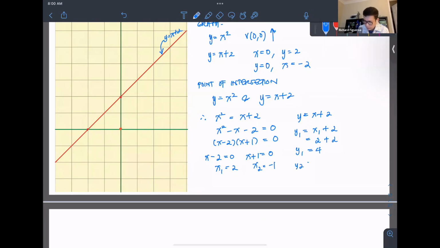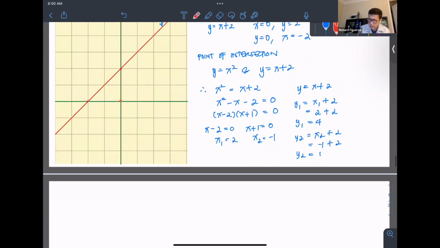And for y sub 2, we'll have x sub 2 plus 2. x sub 2 is negative 1, plus 2, so positive 1. Thus, we now have the two points of intersection: 2 and 4, and the other one is negative 1 and positive 1.